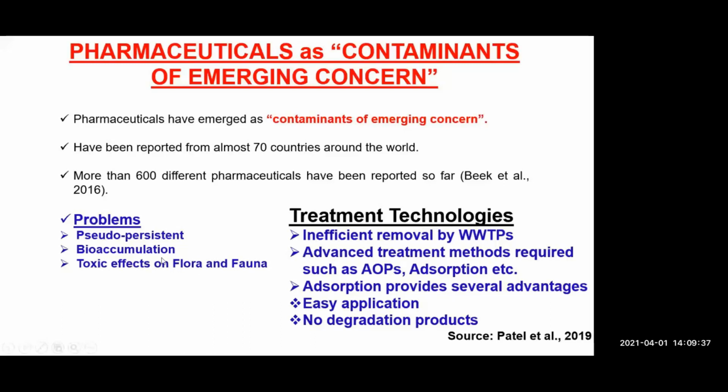They can be pseudo-persistent, they can bioaccumulate, and they can induce toxic effects on flora and fauna individually, and when present in a complex mixture in the natural environment, they can impart different kinds of toxic effects.